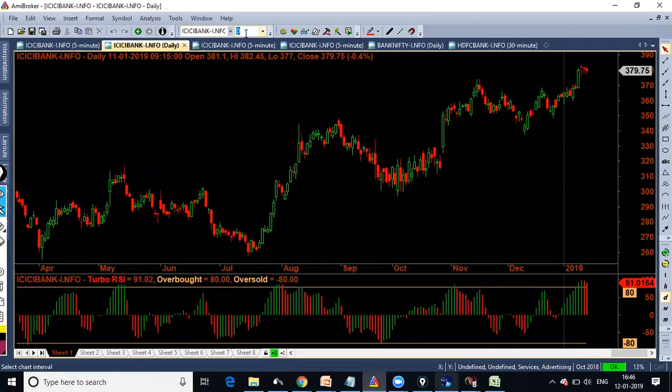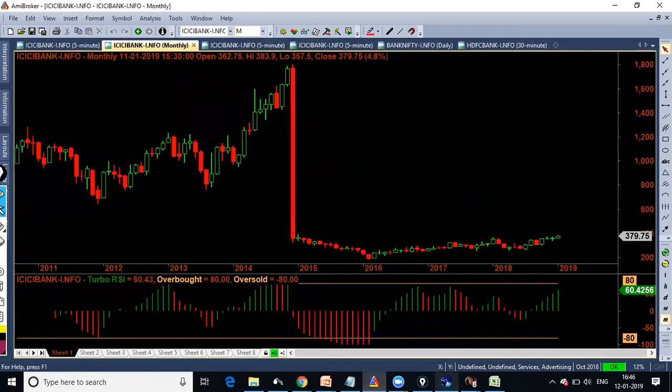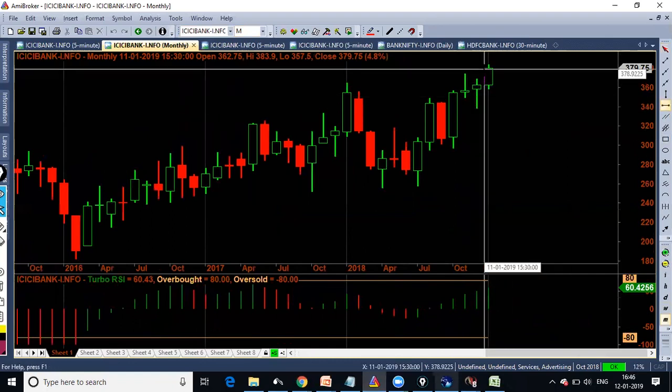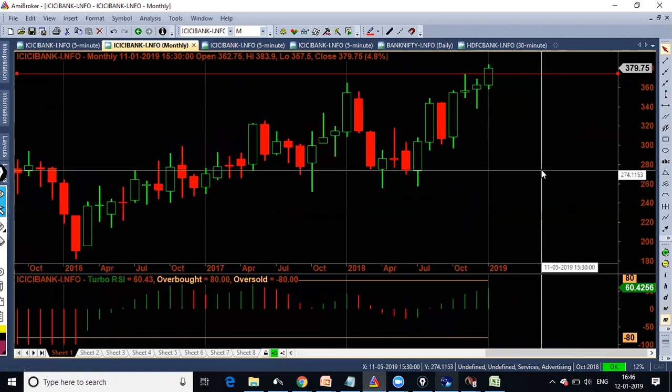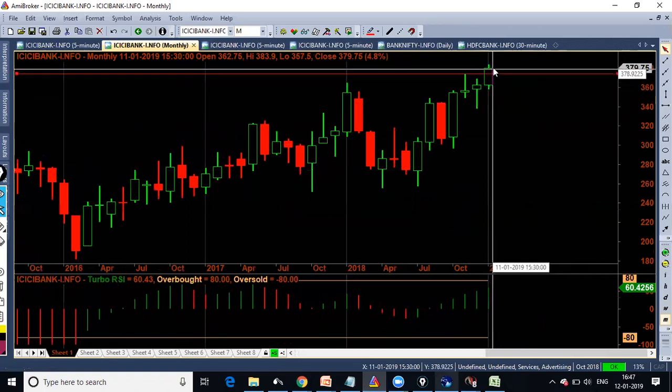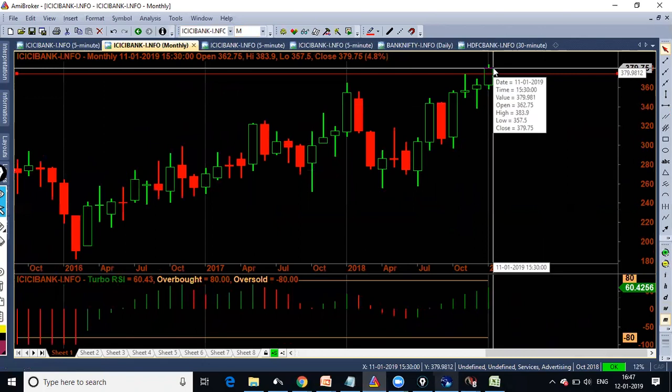On the monthly scale, it broke the last 2-month high, so I'll take some reference from the monthly high. As long as activity is happening above the 2-month high, I'll still consider that high confidence. Low confidence is when activity happens back below the previous month's high.